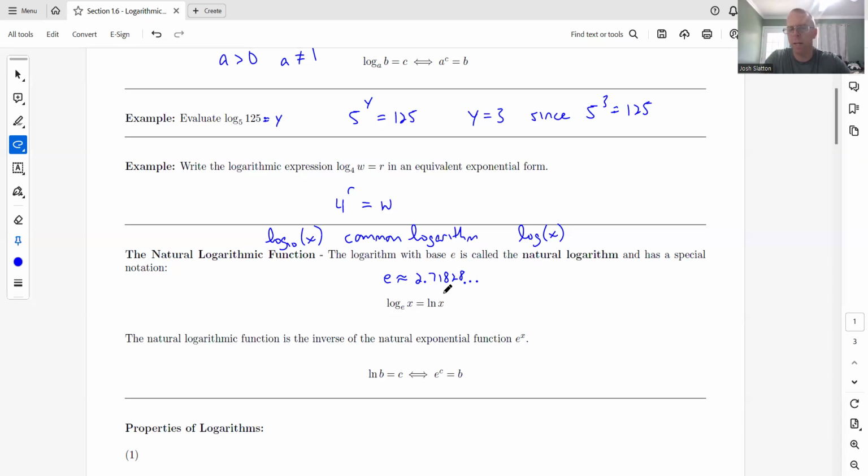Whenever you see ln of x, that means it's log base e. If you ever just see log x, that's log base 10. The natural logarithm function is the inverse of the natural exponential function, e to the x. So this is the same kind of conversion. This is log base e of b equals c. We can convert that to an exponential equation where e is the base.